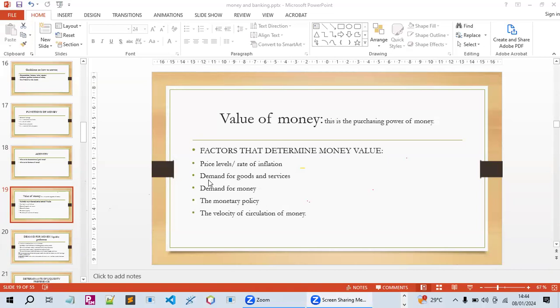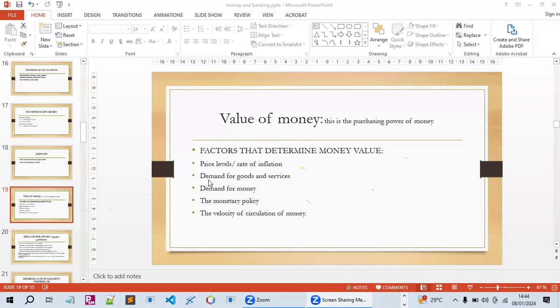So when there's an increase in the prices of goods and services, the demand for those goods is low. Since the prices of goods will be high, a unit of money will purchase less commodities. Thus, the value of money will be low since less of the commodities are being purchased for a unit of money.